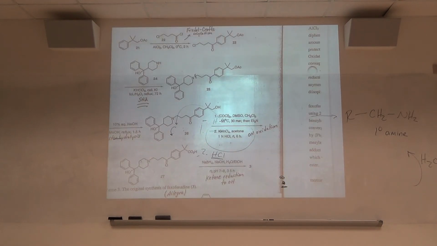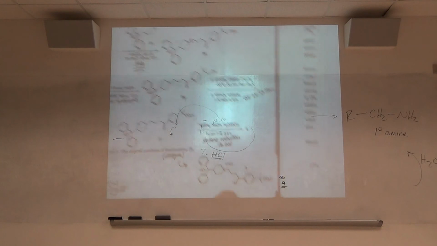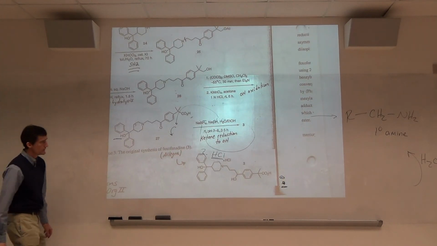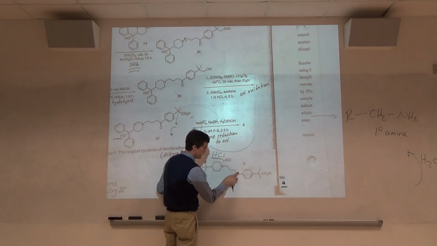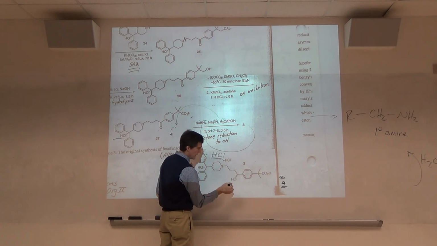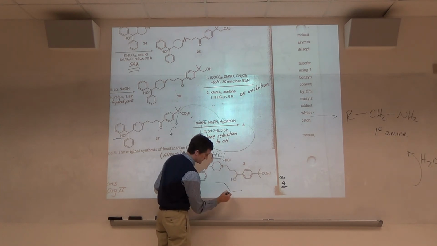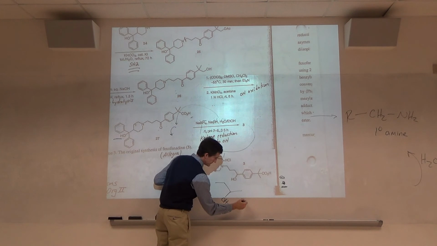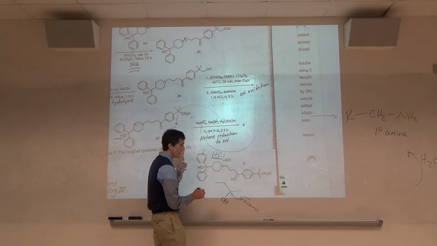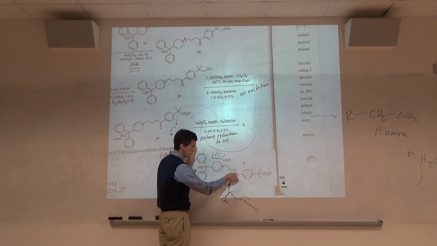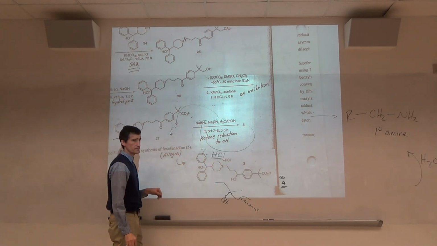Squiggly line is a way to show that it's racemic. It is chiral. I have always just sort of shown OH and then said racemic. But a squiggly line is a way to show that it's racemic.